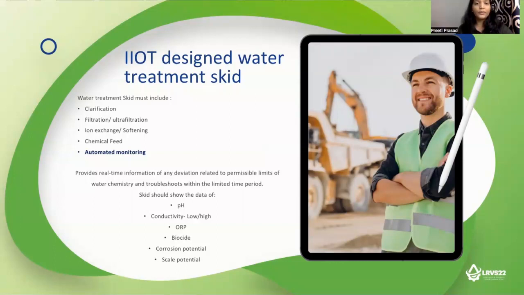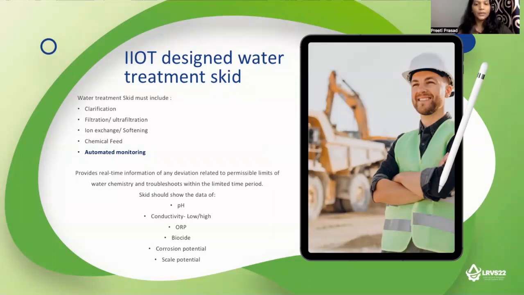IIoT designed water skids have probes which will track every data point and give you real time information on the potential of corrosion or scaling that is going to happen. The probes must be for pH, conductivity, and ORP, and based on that, the dosing of chemicals should be done immediately.